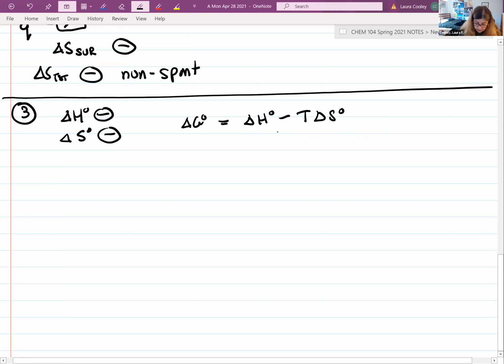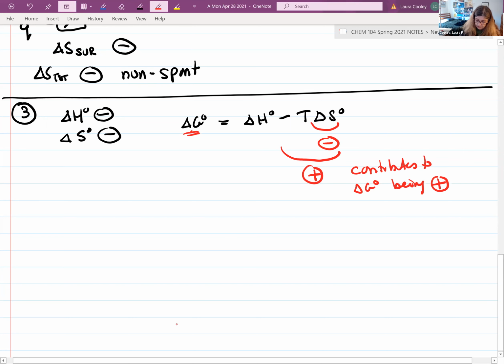Here, a negative delta S leads to a positive contribution to the delta G, so this contributes to delta G0 being positive. However, the delta H is negative, which contributes to the delta G being negative.